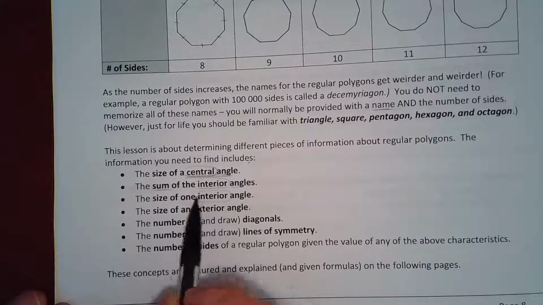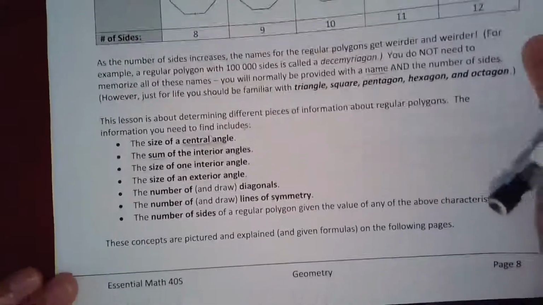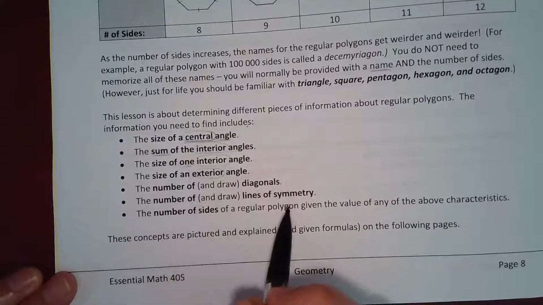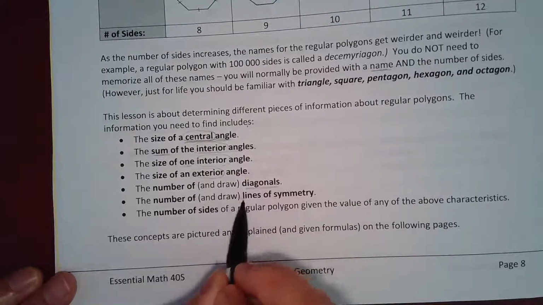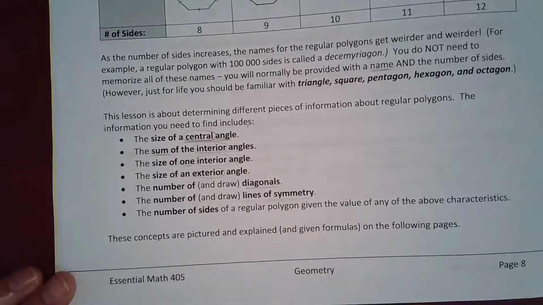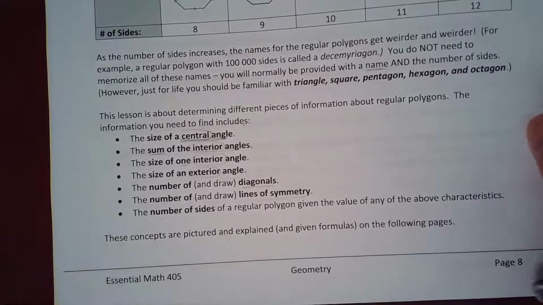Interior angle, again, is one interior angle. How big is that? Exterior angle. Exterior means the outside angle, so we'll talk about that. Diagonals, how many diagonals, how many lines of symmetry, and the number of sides. And the formulas are going to be given to us.